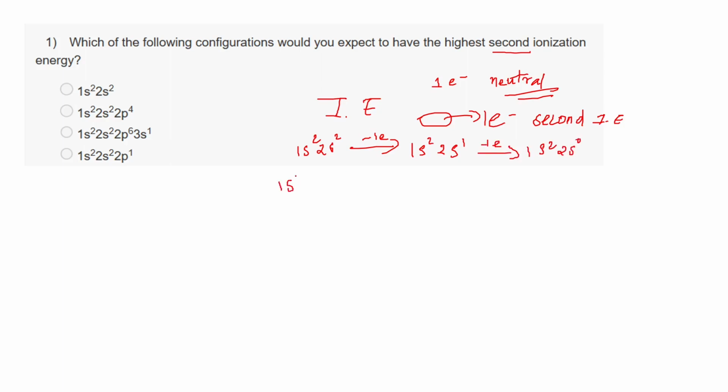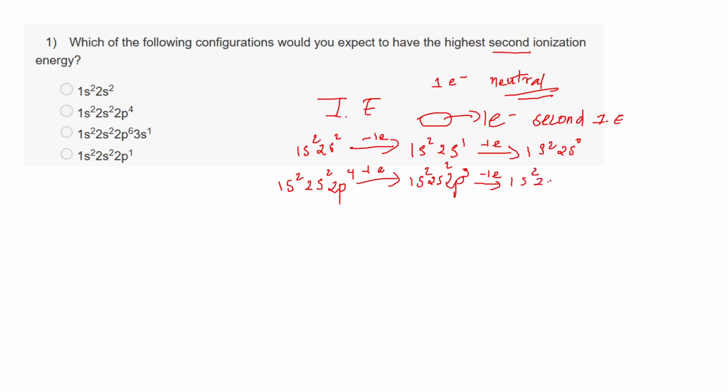Then the next one is 1s2 2s2 2p4. If you remove one electron, it will be 1s2 2s2 2p3. Now again, if we remove one electron, I don't, one second.